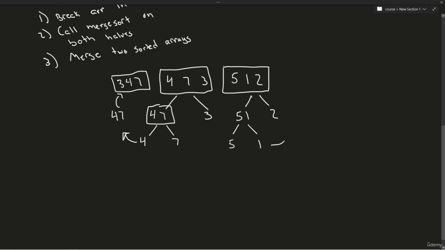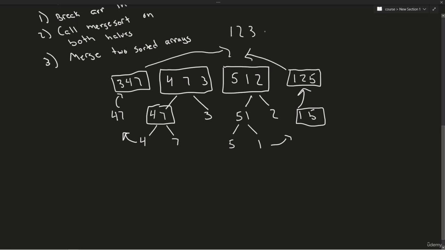Over here we're going to have 1 and 5, and now we need to sort in the 2. So up here we're going to go 1, 2, 5. So now we have our last 2 arrays that need to be sorted, and they will obviously sort to 1, 2, 3, 4, 5, and 7.